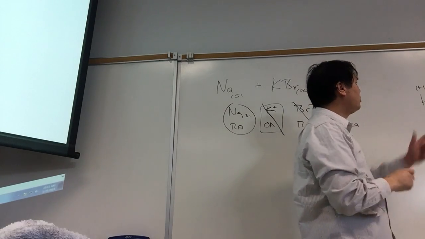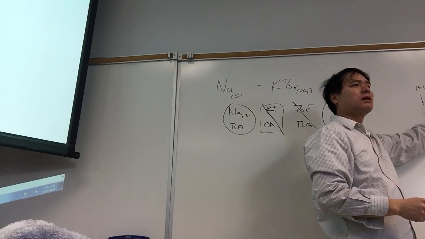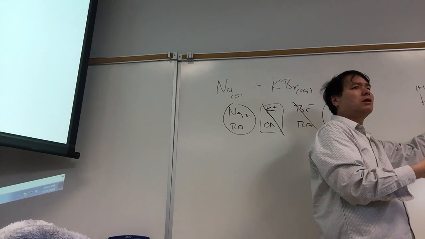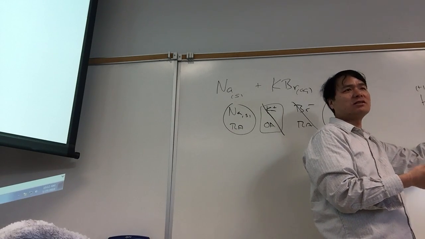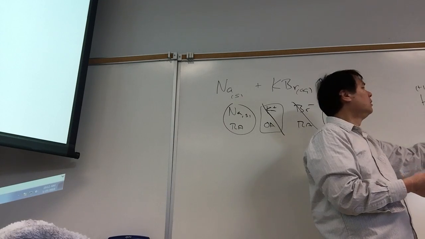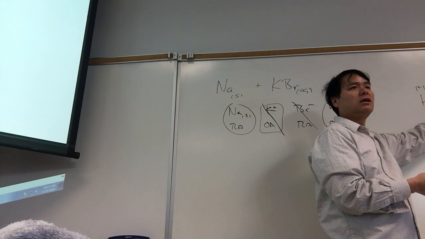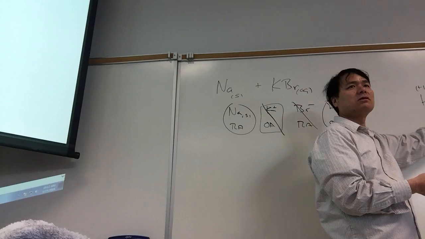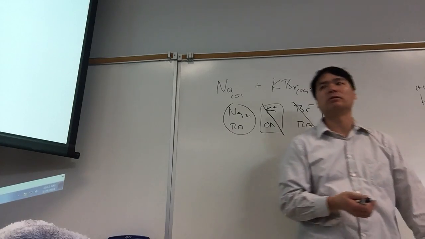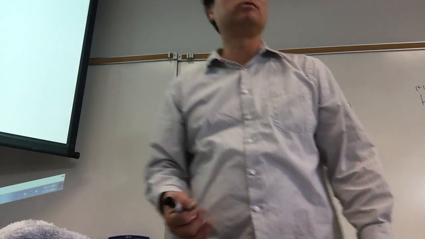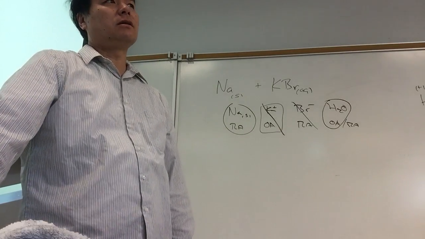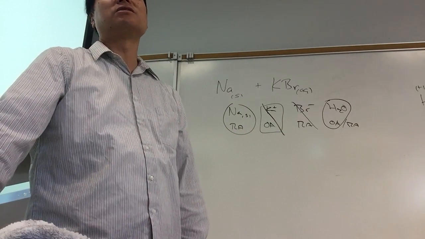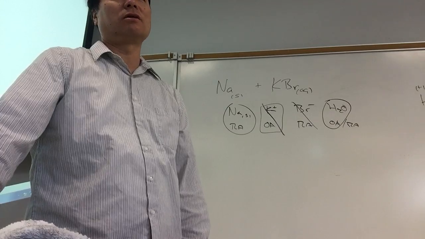The hydrogen in water will be the oxidizer, but it's just water. Hydrogen in water is not a great oxidizer. Hydrogen in acid is a better oxidizer. The oxygen in water is the reducer, and so this particular compound can do both. It could be an oxidizer, it could be a reducer, and in certain reactions, it's both the oxidizer and the reducer.